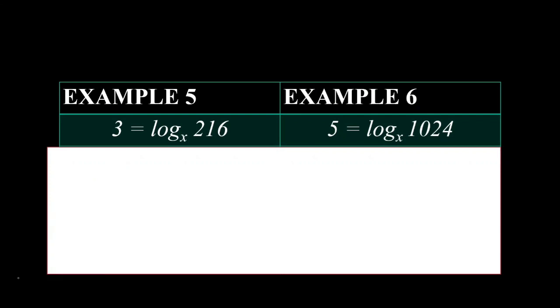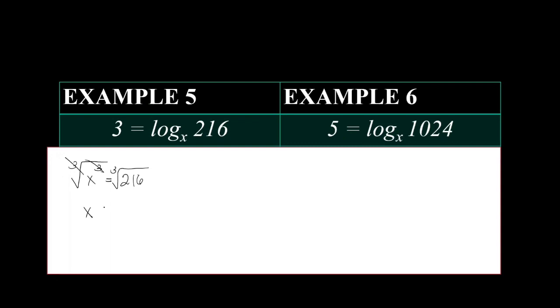When we transform it into exponential form, we have x raised to 3 is equal to 216. So to get the value of x, or the base x, we get the cube root of both sides. You can already get the cube root, it's based on the exponent. So you can have cube root of x cubed and cube root of 216. If the exponent is the same as the index, we can cancel it.